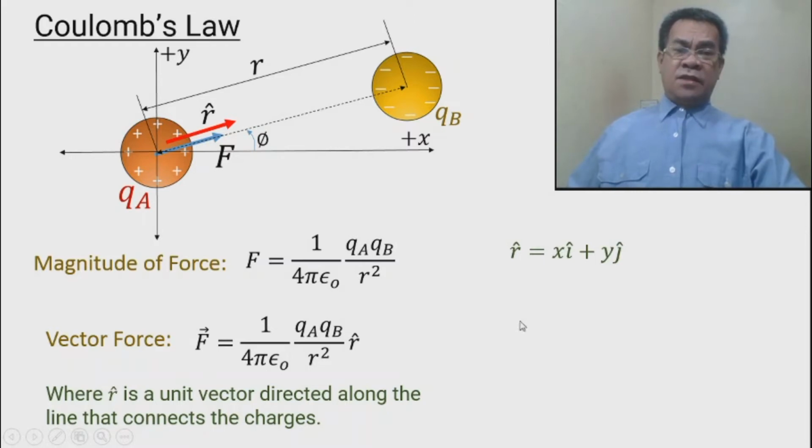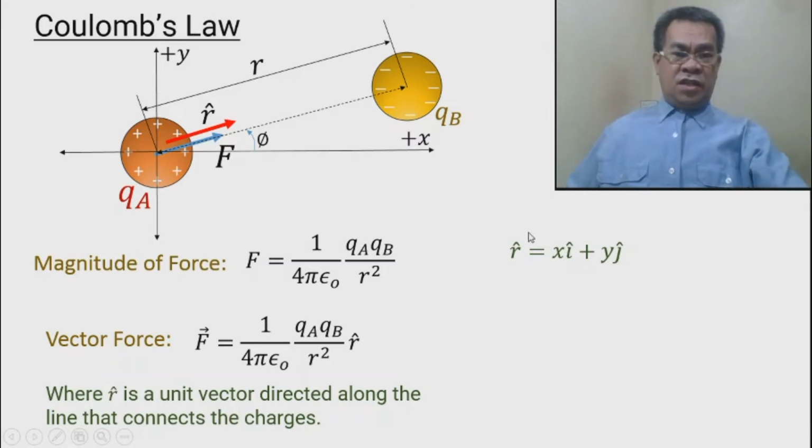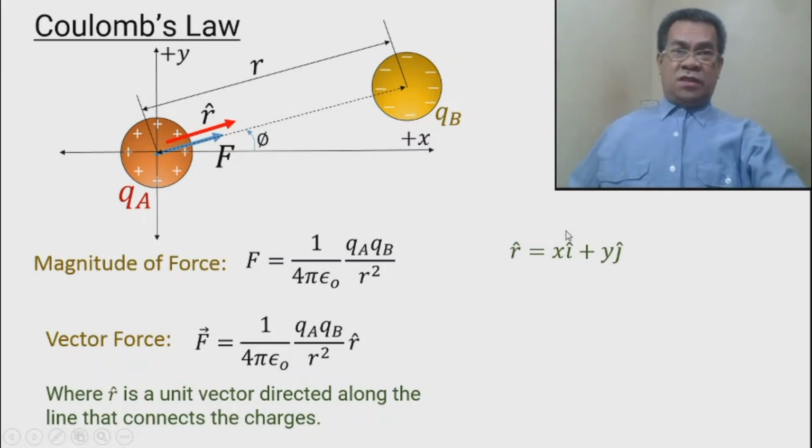So what is r hat? r hat will be x i hat plus y j hat. So what are x and y? x and y actually are the components of the unit vector along x and along y. So remember, this is a unit vector, so the magnitude should be 1. So therefore, these components are the components that will provide 1 magnitude of r. So we assume that r is 1, so the magnitude of 1.